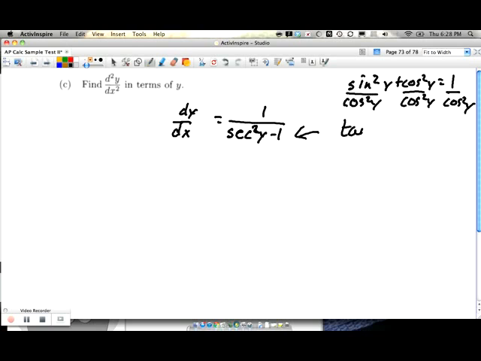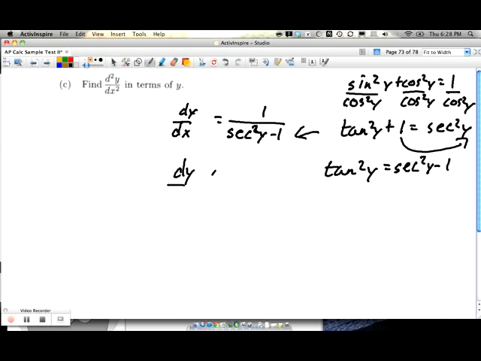So if I subtract this 1 over there, that means that tangent squared y equals secant squared y minus 1. That really means that dy dx is equal to 1 over tangent squared y. Another way of thinking of that is this is equal to cotangent squared y. This is almost too easy.